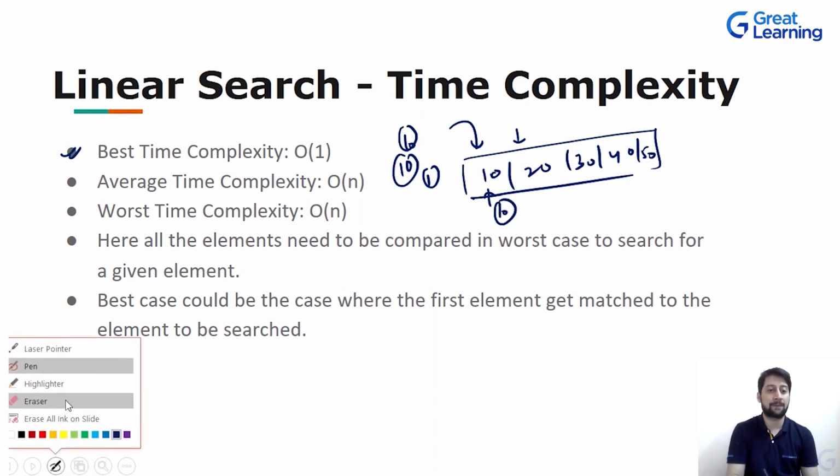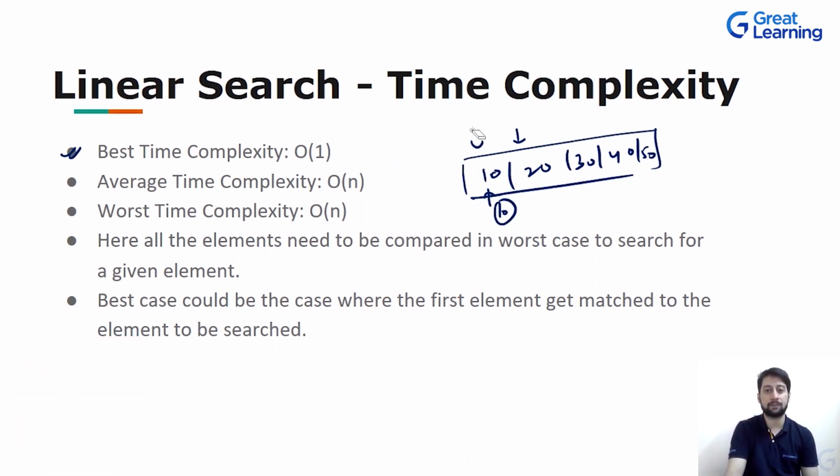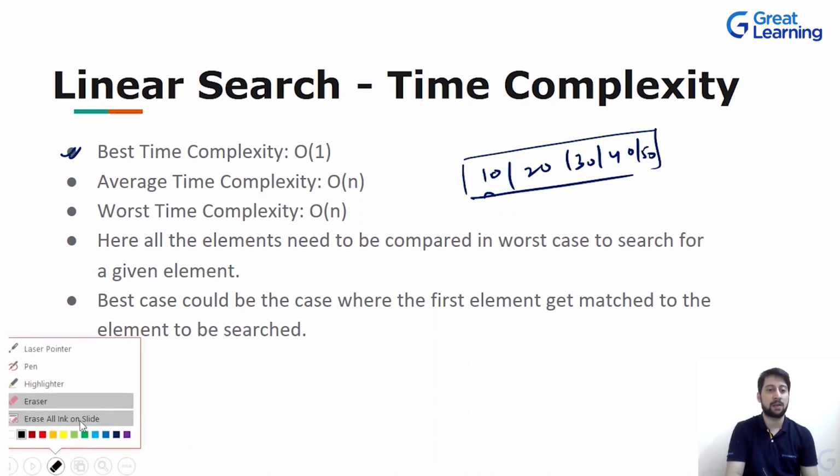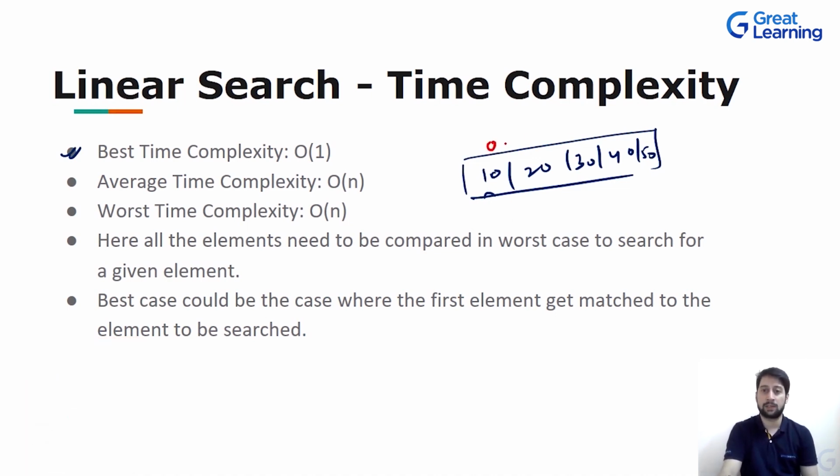Now, what about the average case and the worst case? Let's suppose the average case is that you're looking for an element at the middle point: 0, 1, 2, 3, 4.